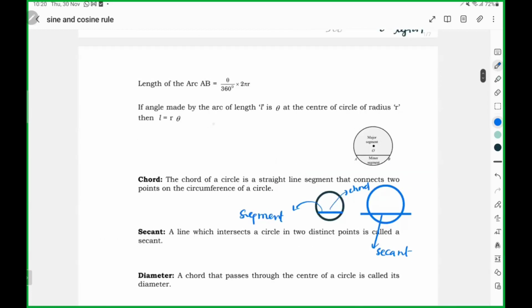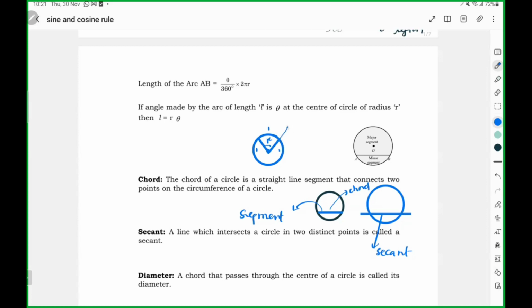Here, the angle made by the arc length. See, suppose you fix a unit circle, so 1 unit radius. Here the arc length 1 gives an angle of 1 radian.